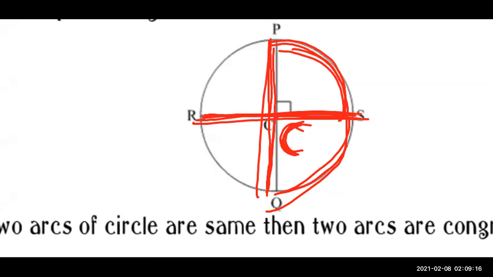PQ and RS are the diameters, where C is the center. PQ is perpendicular to RS. You have to find out why PS and SQ are congruent, and which remaining arcs are congruent to PS.